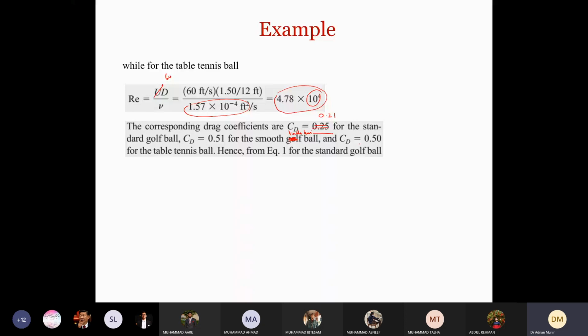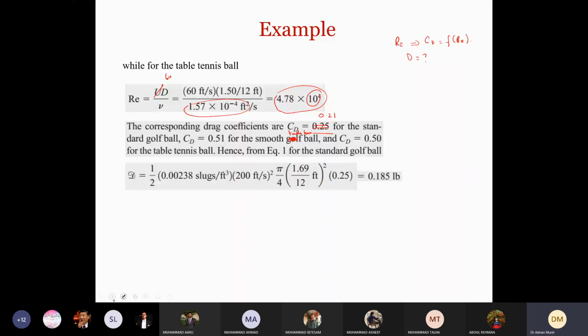Hence, from equation 1 for the standard golf ball, first you find the Reynolds number, then you work out the value of CD from the graph, which is a function of Re. The next step is to put it in the equation for drag force, and we can calculate the drag force. For the standard golf ball, he is using 0.25 for CD.